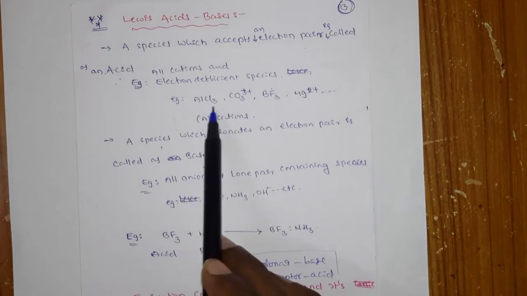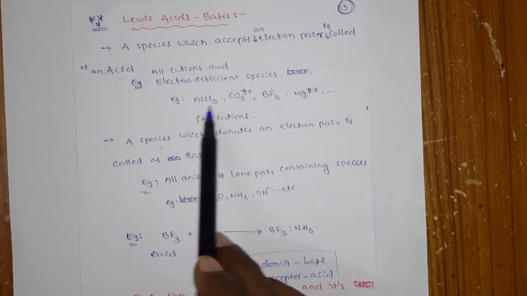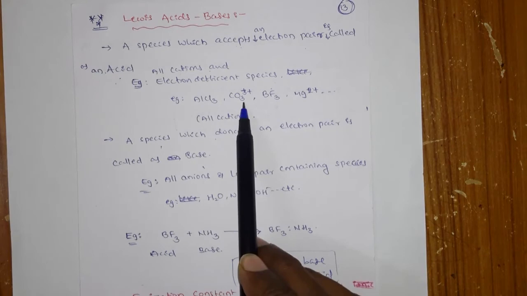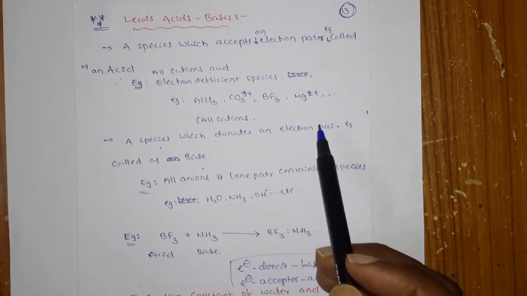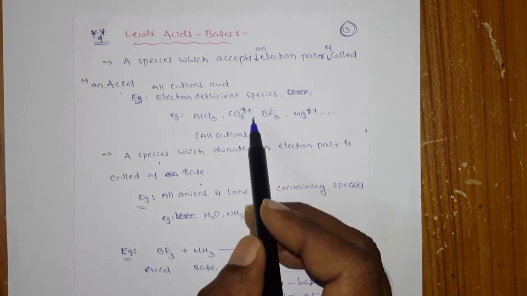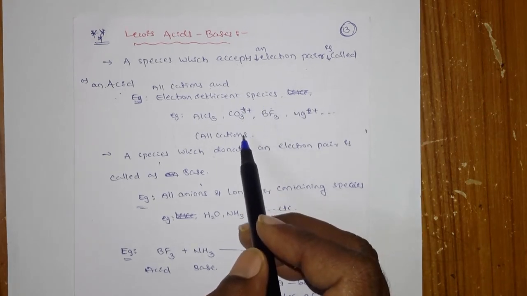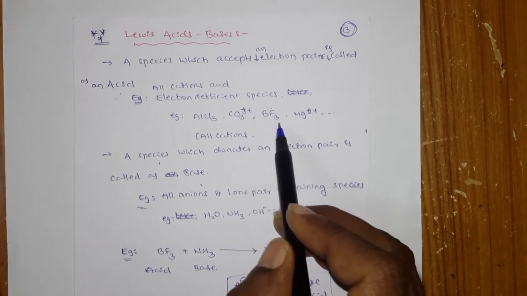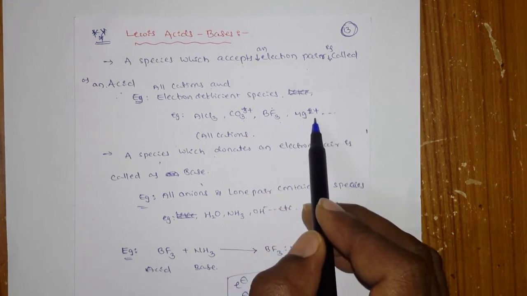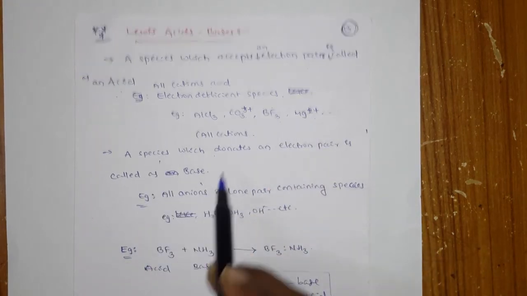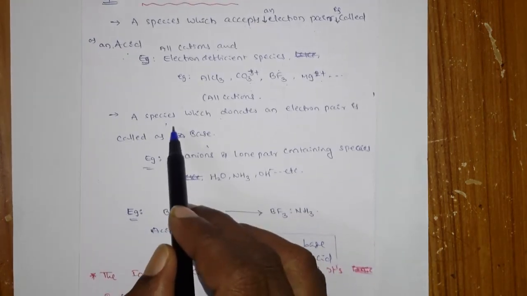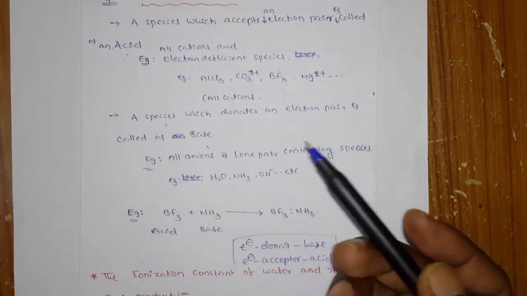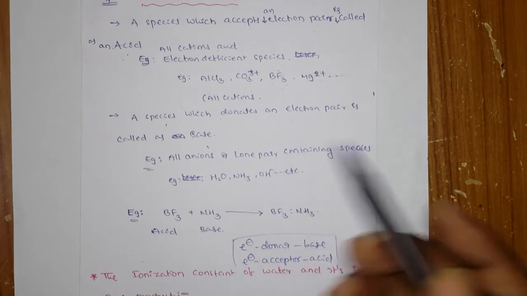Example, AlCl3, it is electron deficient, and BF3 and magnesium 2 plus, these are all the Lewis acids.